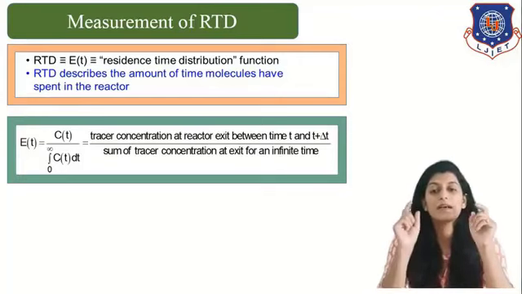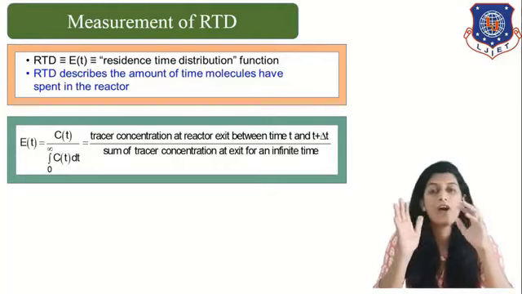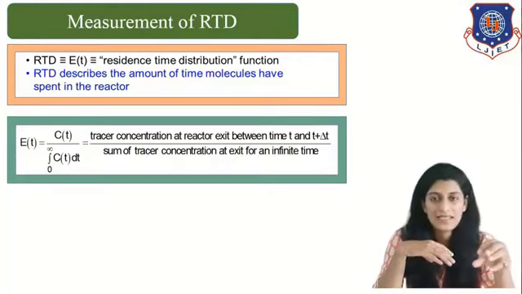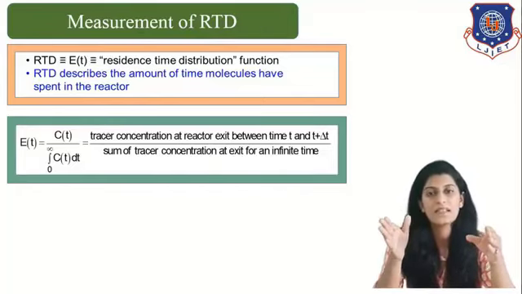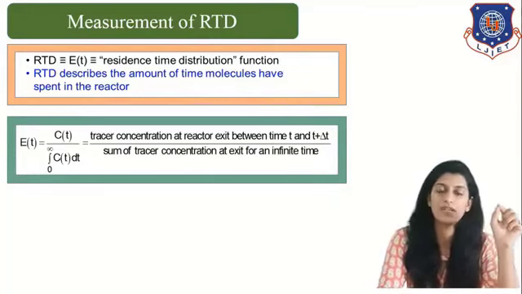When you put t inside the bracket, that means how much tracer is leaving the exit stream between time t and t plus delta t, that is, for the given time range, the amount of tracer coming out of the system.